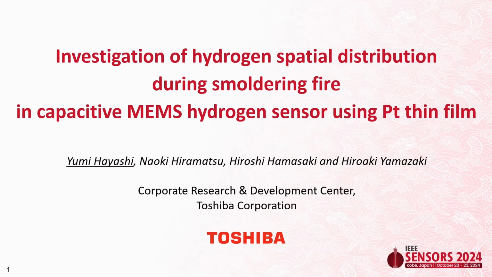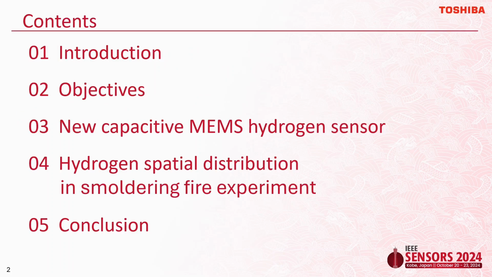The title of my presentation is Investigation of Hydrogen Spatial Distribution During Smoldering Fire in Capacitive MEMS Hydrogen Sensor using PT thin film. This is the outline of my talk. As an introduction, I'd like to talk about the smoldering fire detection and our previous work on hydrogen sensors.